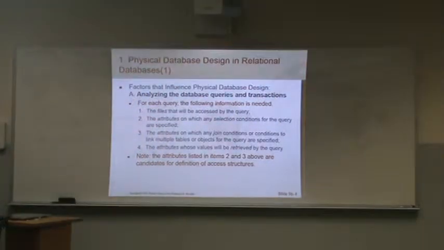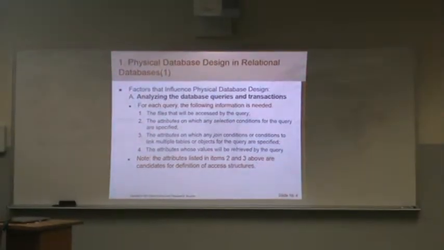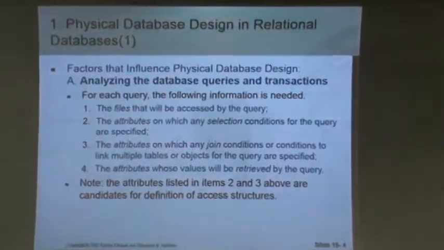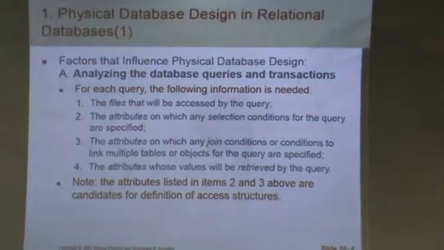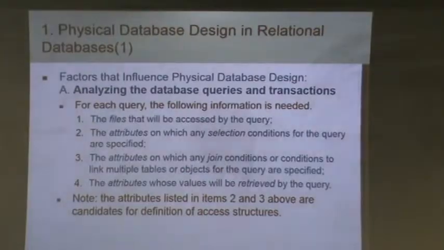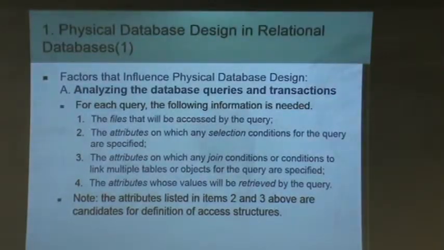So, for example, for each query, you need to collect a lot of information. For example, which file will be accessed. Eventually, your table will be stored in a file, okay, or a certain location. For example, the Oracle database uses DBF files, and SQL Server uses a specific file name, and each DBMS uses its own file structure.